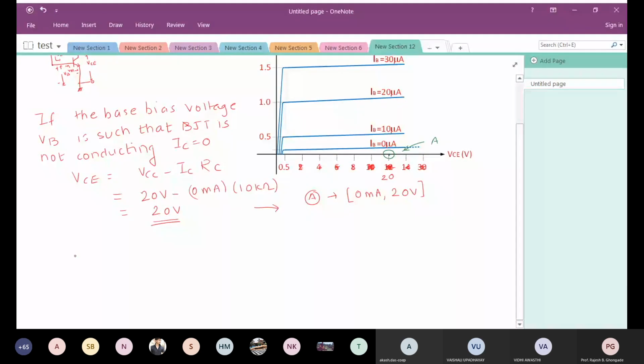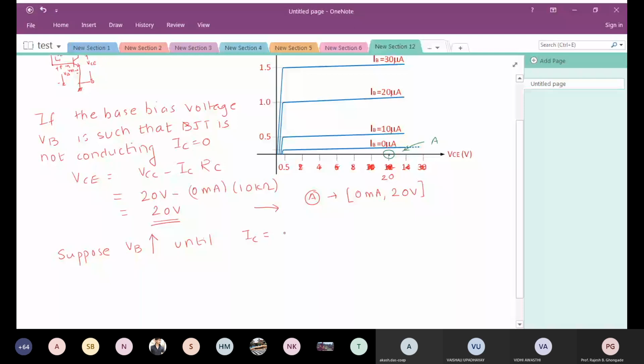Now suppose we are interested in finding out the second point. Suppose VB increases until IC is made 2 milliamperes.